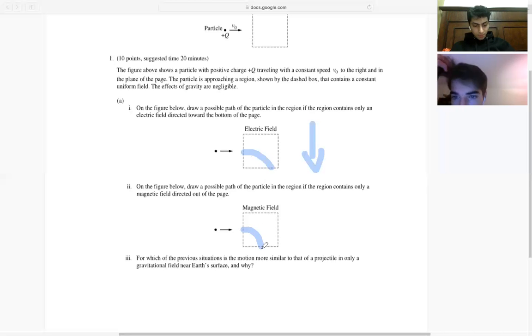That's how you know that the motion in the electric field will be more similar to the projectile, because the force or acceleration is always down and constant. It's in the shape of a parabola, and the closest one would be the electric field, which is also pointing down. So it would be the electric field.